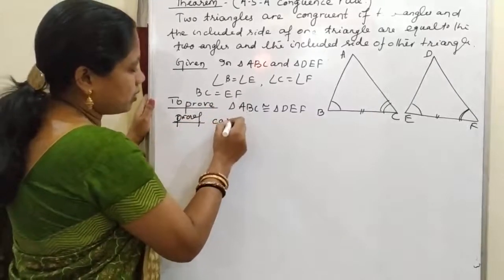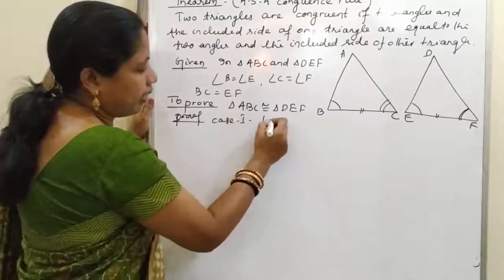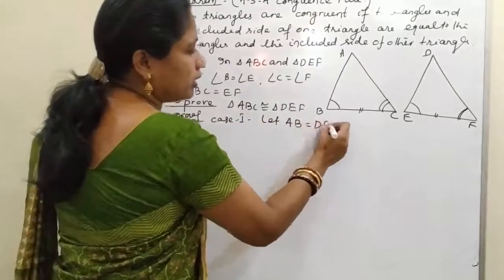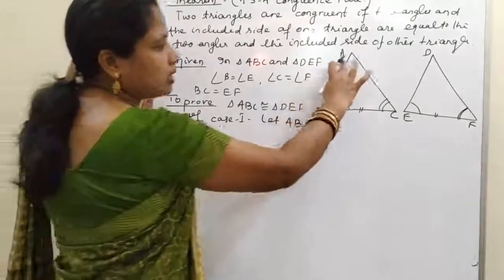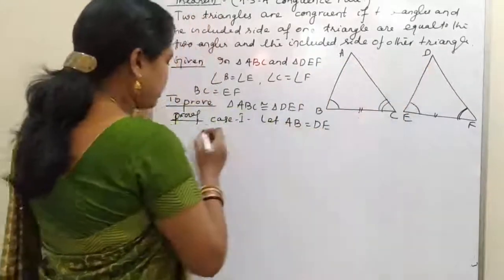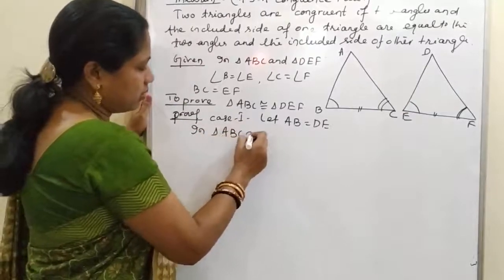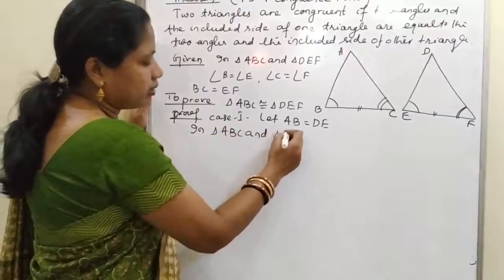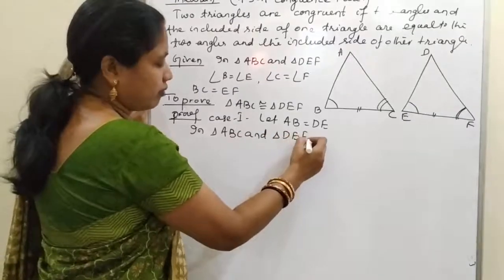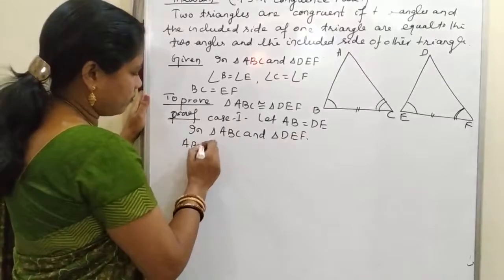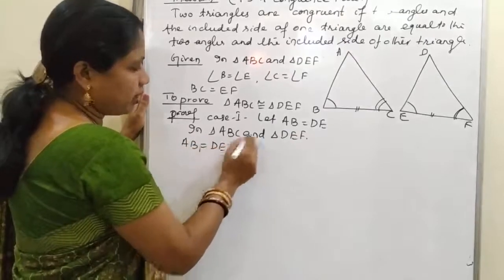Case 1. Let AB be equal to DE. In triangle ABC and triangle DEF, AB is equal to DE by our assumption.